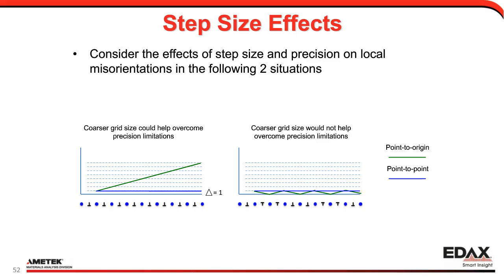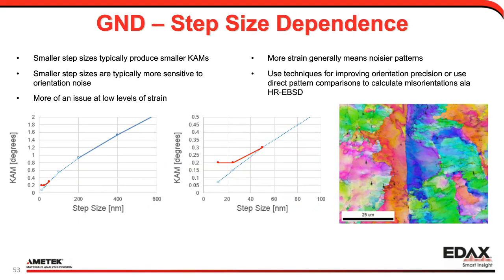Remember, we're measuring GNDs. We're not measuring dislocations per se individually. We're measuring them based on the change in orientation. So that's the point to remember here. What we find is that smaller step sizes produce smaller CAMs, so with a smaller step size we are more sensitive to the orientation noise.